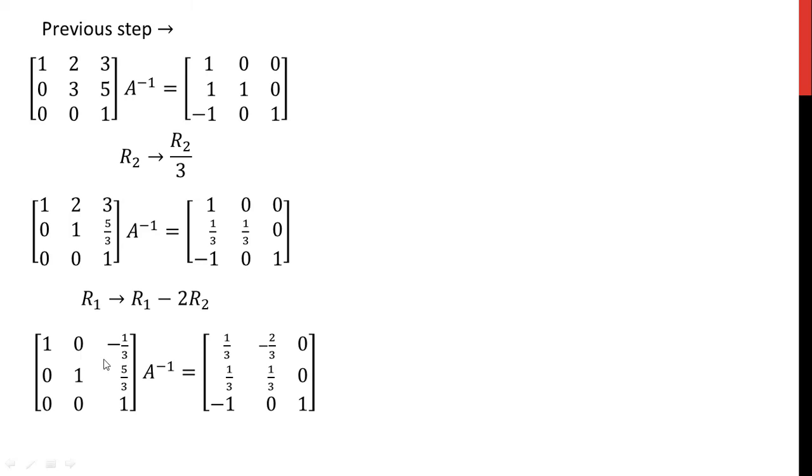Now in the next step we required 1 here, but already we have 1 here. Now we required 0 here and then 0 here. Means we have to change the row number 2 to get 0 here in place of 5 by 3. So see the transformation. So R2 changes to R2 minus 5 by 3 into R3.